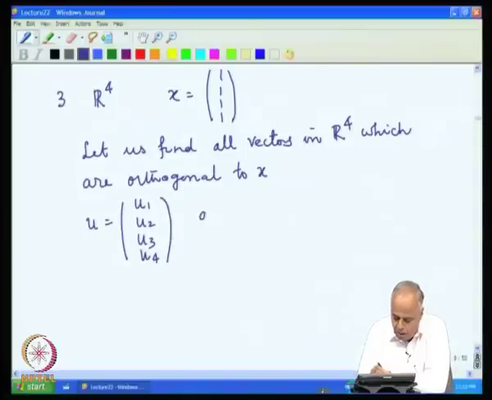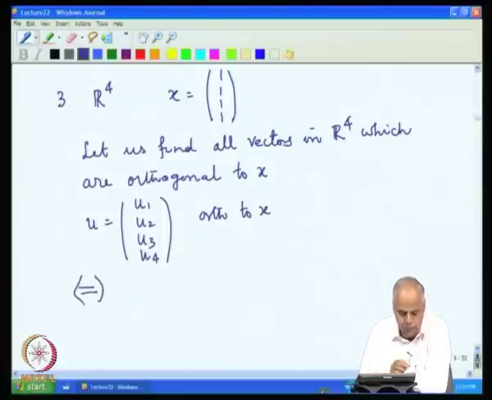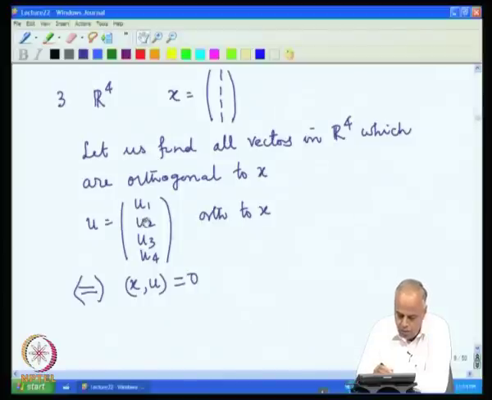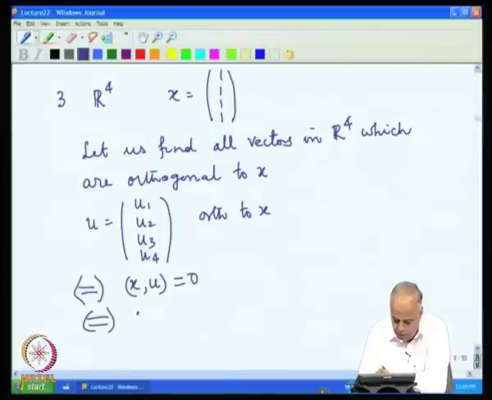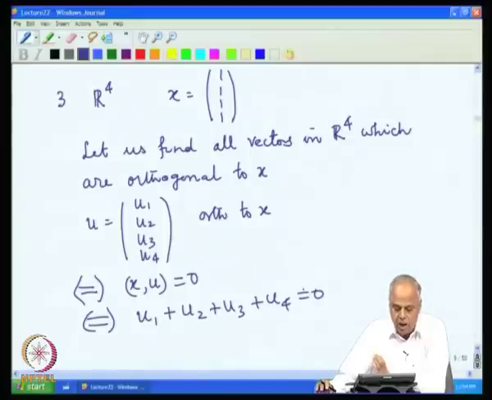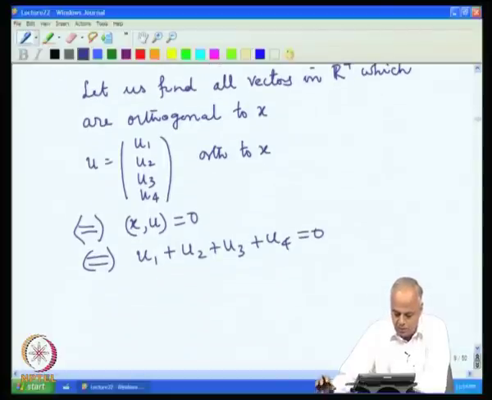Suppose u is orthogonal to x. This can happen only when the inner product of x and u is 0. But what is the inner product of x and u? It is u 1 plus u 2 plus u 3 plus u 4. So, this happens if and only if u 1 plus u 2 plus u 3 plus u 4 equals 0. Therefore, a vector is orthogonal to x if and only if the sum of all its components is equal to 0.